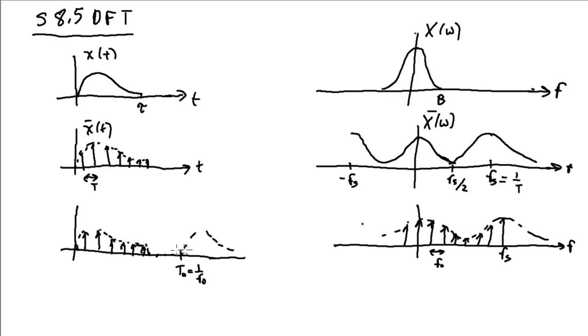And then get some zeros. Again, these are samples. And the corresponding weights of these samples we call x of n. The corresponding weights of the samples in the frequency domain we call X of r.